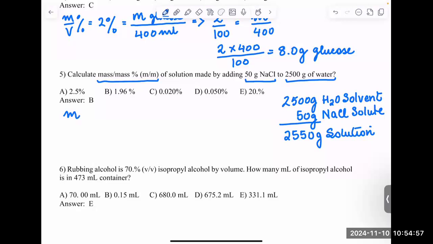So we need to do mass by mass percent: mass of the solute over the mass of the solution, times 100%.